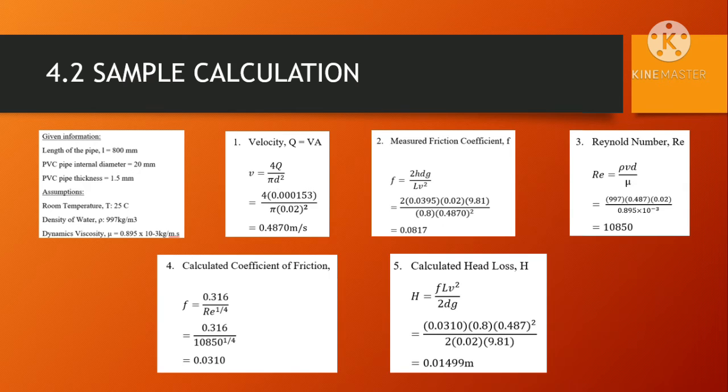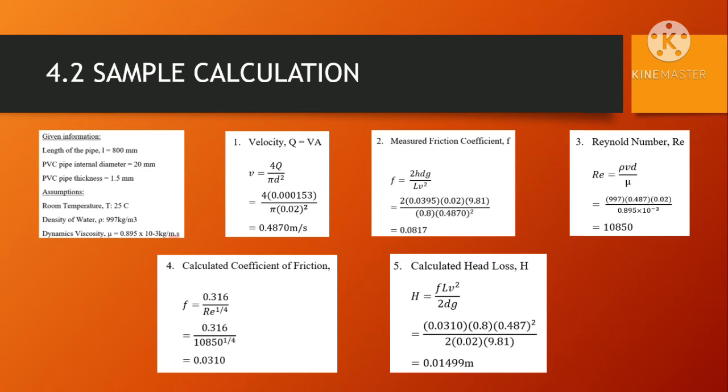So step 1 is we calculate the velocity of the fluid. We use the formula Q equals V times A, so we can calculate the velocity as Q over area. Next, the measured friction coefficient. We use the formula f equals 2hdg over LV squared.